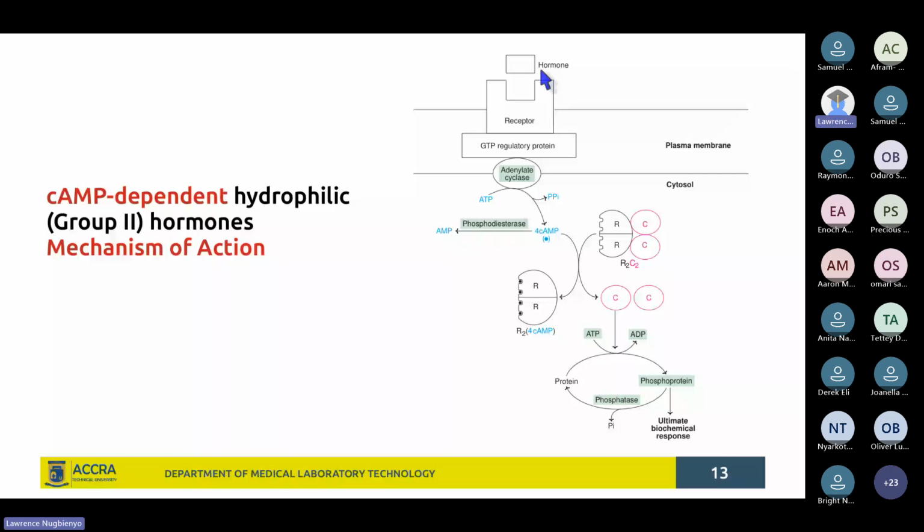And that receptor is in complex with what we refer to as G proteins. We have these proteins that are bound to energy in the form of guanosine triphosphate, and you have alpha, beta, gamma subunits in complex with this GTP.